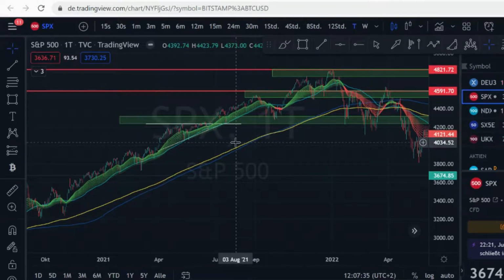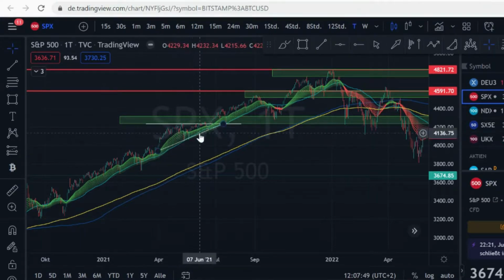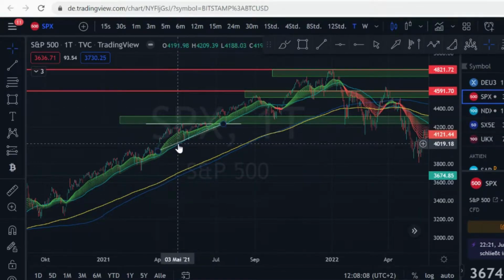So therefore, that is actually a nice move without leverage. But the third thing is here the moving average and the EMA ribbons give nice support for the S&P 500. So therefore you have these two things combined in one. Support from the moving average and lower highs, higher lows.